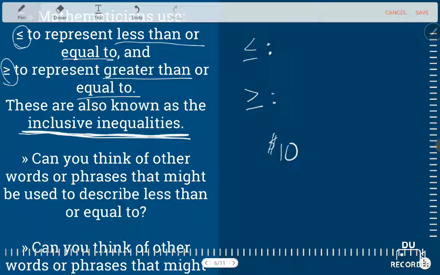The amount I could spend would be less than or equal to $10. So another way of saying less than or equal to would be at most. Or I could say no more than. I can spend no more than $10.